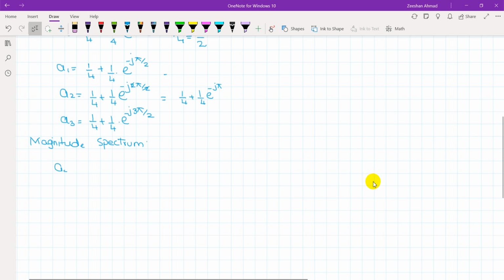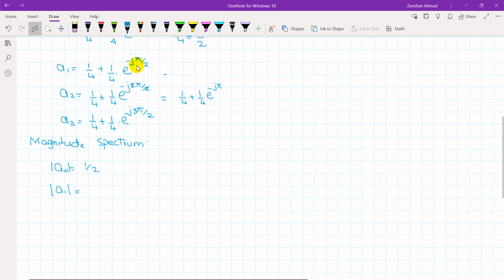So A0 magnitude will be equal to 1 over 2, which we found previously. A1 magnitude will be basically equal to A1 magnitude. Now if you see here, I have an exponential, so let us try to solve what it means here. What is the value here?